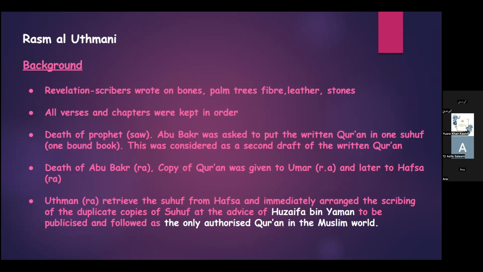After the death of the Prophet Muhammad sallallahu alaihi wasallam, Abu Bakr radiyallahu ta'ala anhu became the first caliph. He was the first caliph who was asked to put the whole Quran in one book.